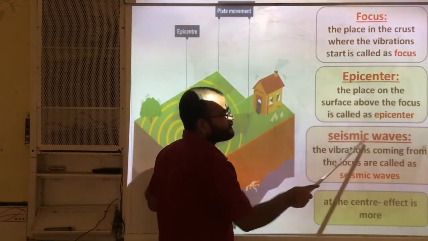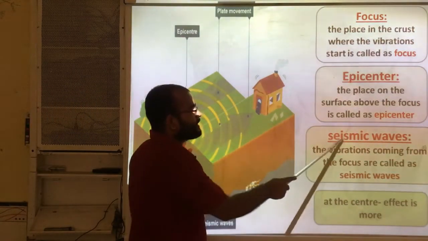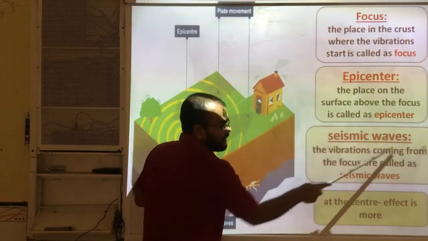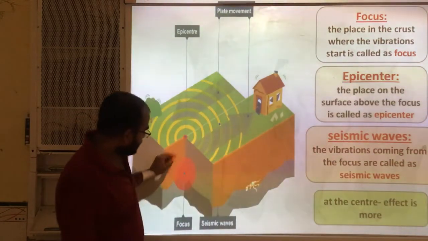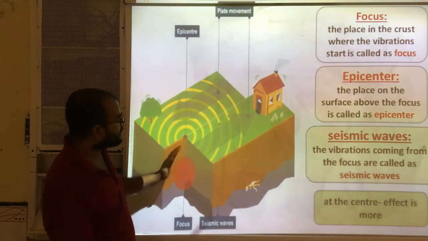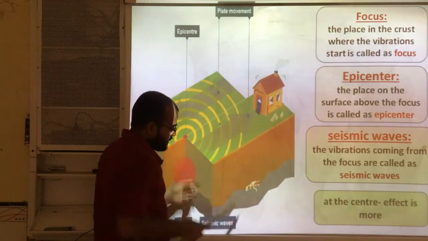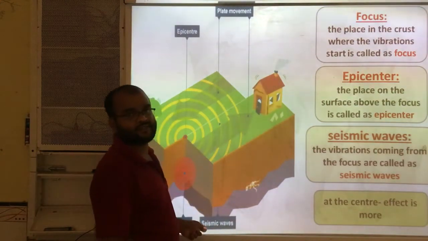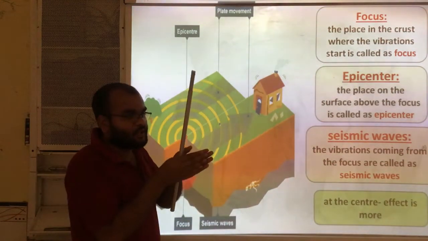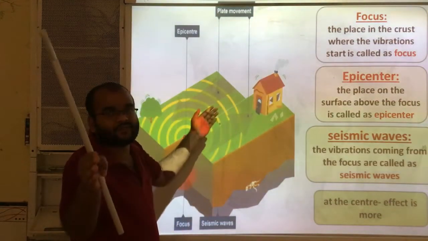And seismic waves. Seismic waves means the vibrations coming from the focus. From this focus, vibrations will come. Those vibrations are called seismic waves. The vibrations will move in the form of waves.